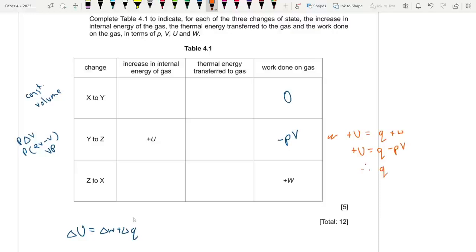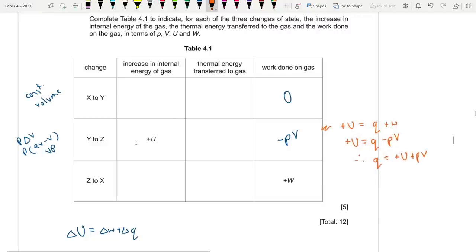Therefore q is actually equal to plus u plus pv. So that is ultimately the working for the second one. I've found out, using u is equal to q plus w, and inputting the value of u and w, the thermal energy as plus u plus pv. That is my working. See the chronological order in which I'm doing things.